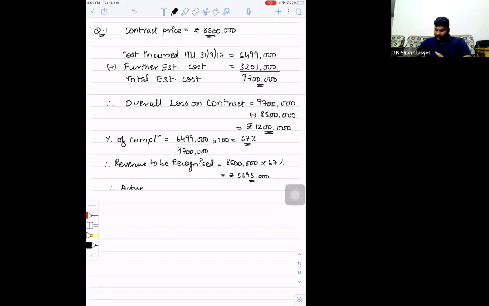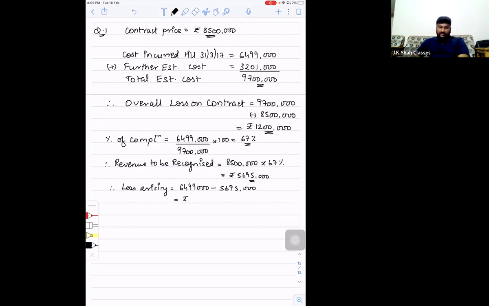So therefore, the loss arising will be, sir, I will be recording 64,99,000 as cost minus 56,95,000 as the revenue. So what is the loss arising?